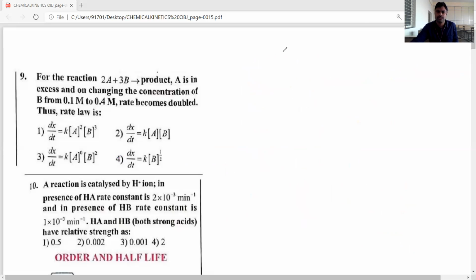10th question. Okay, in the 10th question, listen dear students, a reaction is catalyzed by H plus ions.